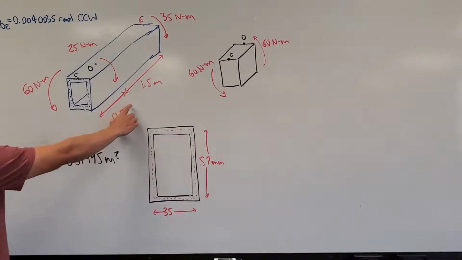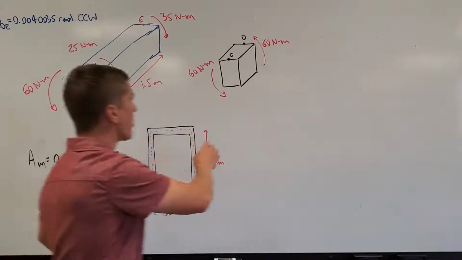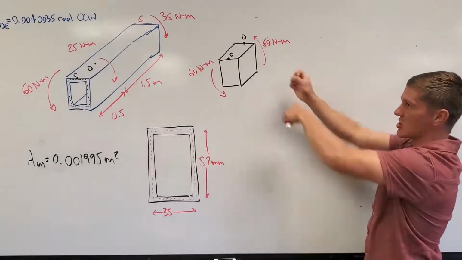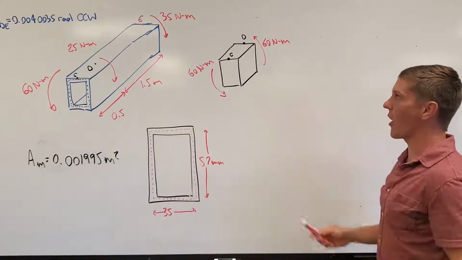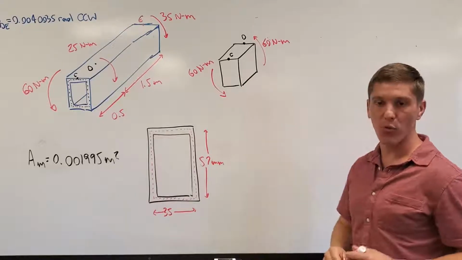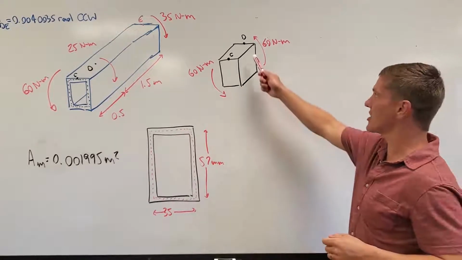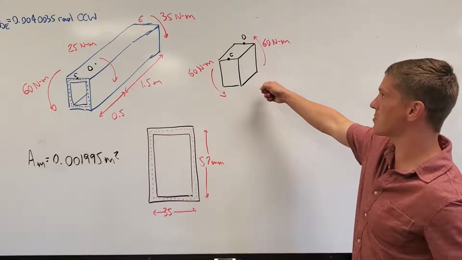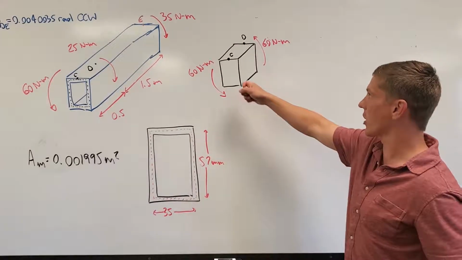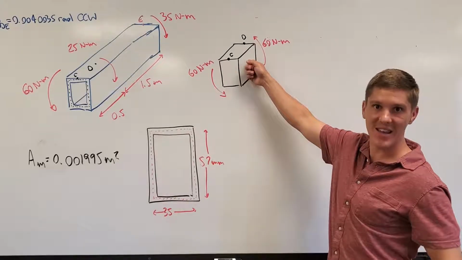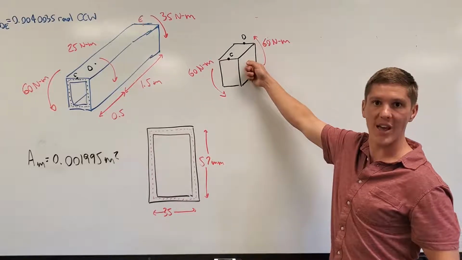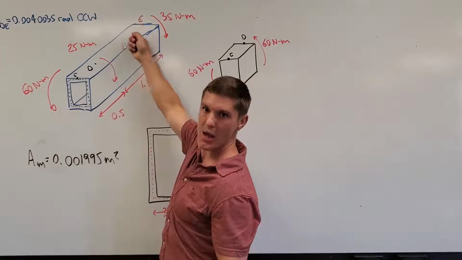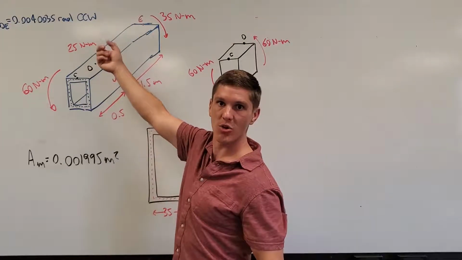Now we're only analyzing a 0.5 meter length, but it's still just an applied torque. Now we're going to figure out the rotation of the free end C with respect to point D. Instead of finding D with respect to E, which we already found, we're going to find C with respect to D. The total rotation of C with respect to E will be the summation of those two together.